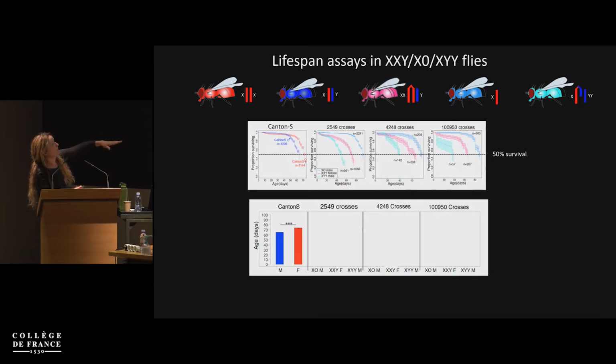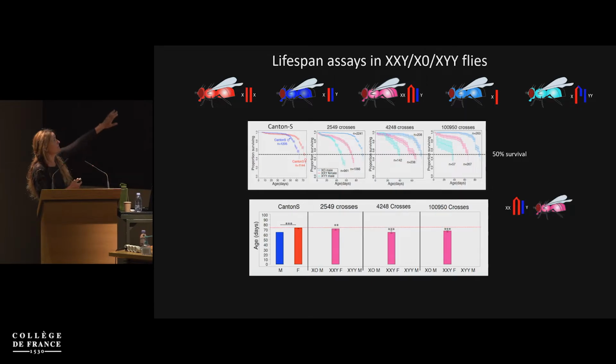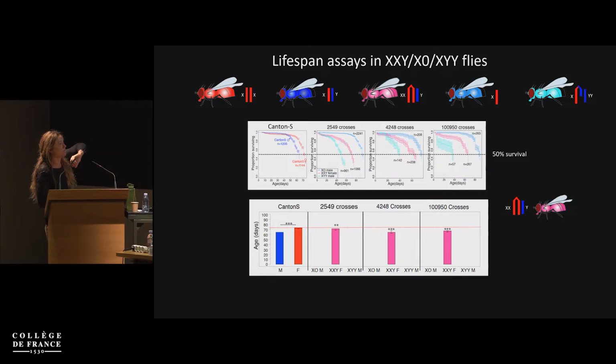What I'm plotting below is just the 50% survival, so the number of days where 50% of the population has died. And as mentioned earlier, and as shown in these plots, males die significantly earlier than females in wild-type flies. If you look at the 3 different replicates for our attached X, attached Y crosses, in each case, if you have a female that has a Y chromosome, that female lives significantly shorter than a wild-type female.